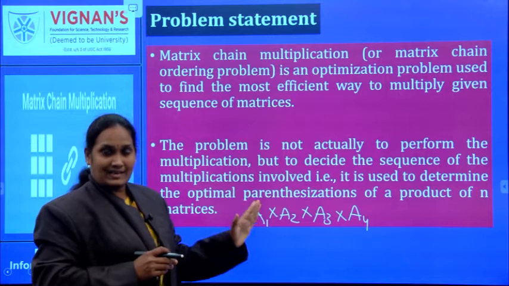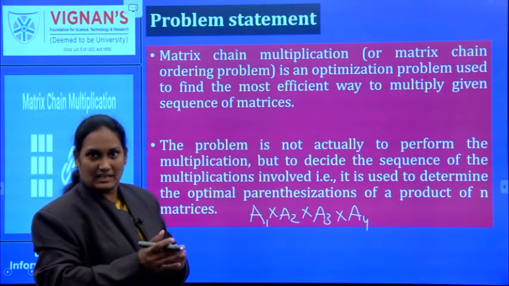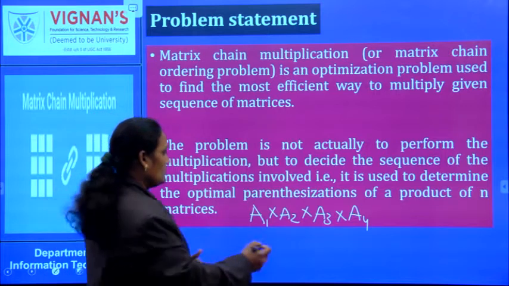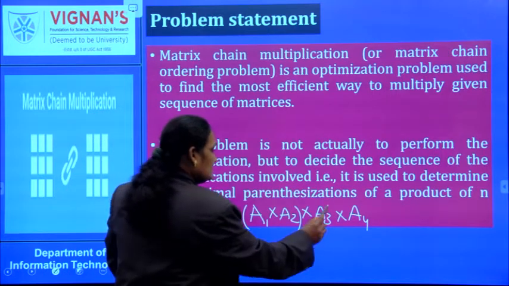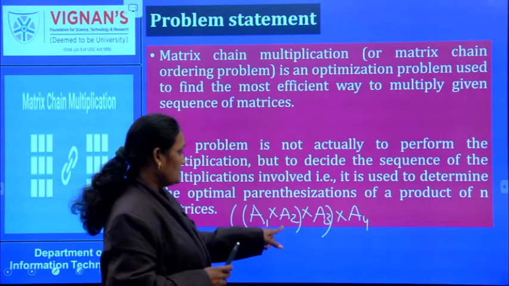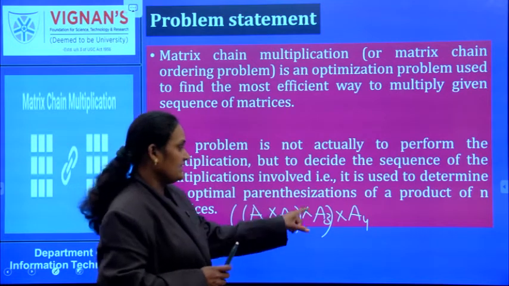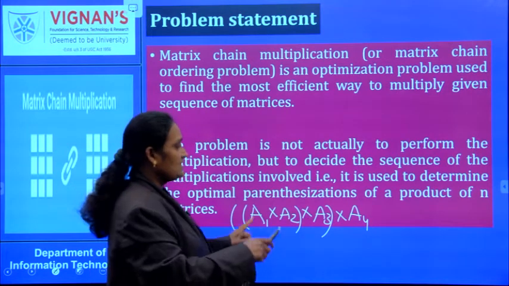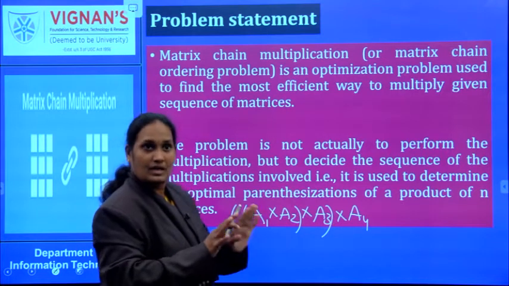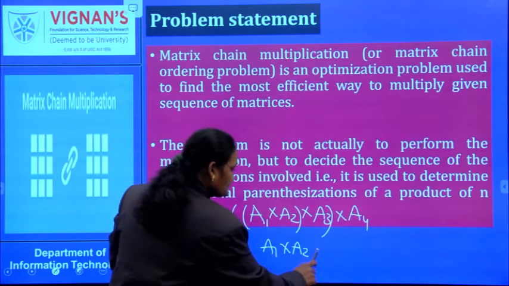It decides the order of multiplication, in which order we are going to multiply these matrices. So we may multiply in this order: first A1 into A2, the result is multiplied with A3, and the final result is multiplied with A4. Or we may multiply in this way.